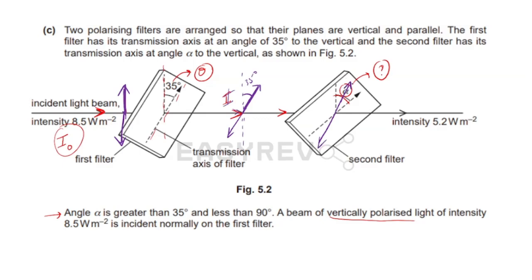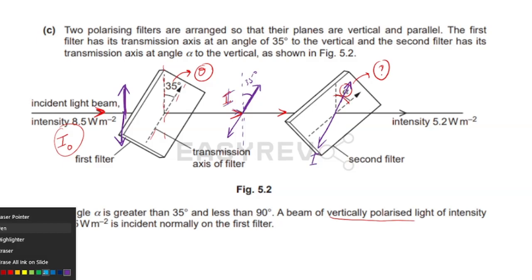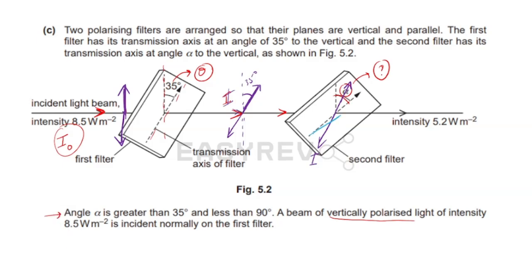So this purple line that I've drawn is the incident light ray I, and the new light ray that's going to come out is going to be arranged in this new axis. Now notice how this angle isn't really alpha anymore. Let me draw this separately to make it a bit more clear.